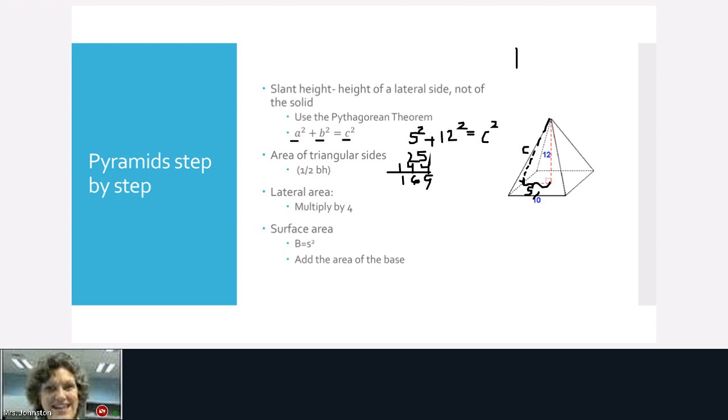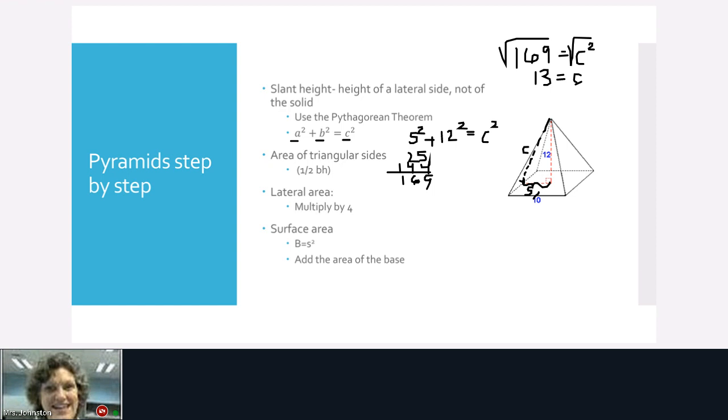If I have a squared variable on one side, the only way that I can find the actual value is to take the square root of both sides. The square root of c squared is simply c, and the square root of 169 is 13. So I know that the slant height of this particular pyramid is 13 units.